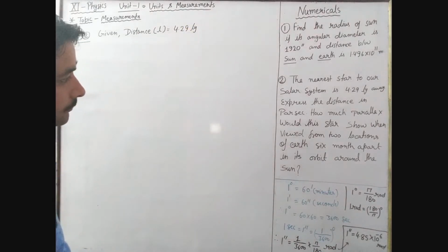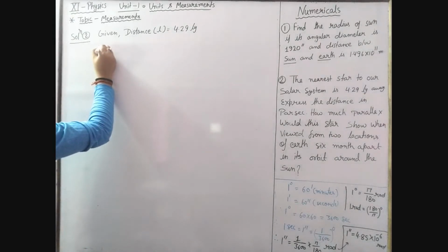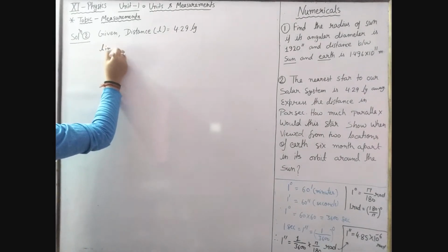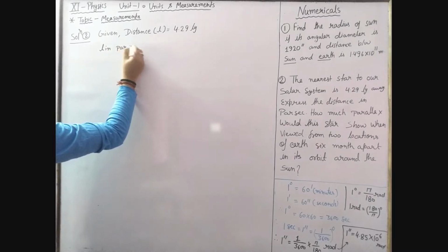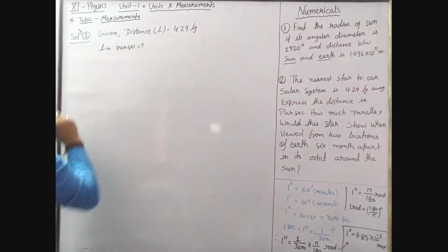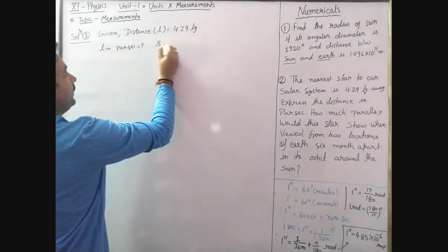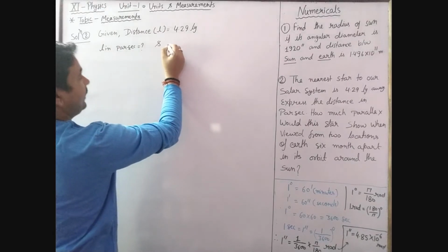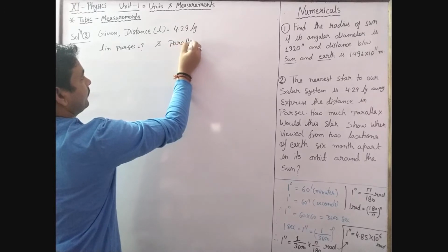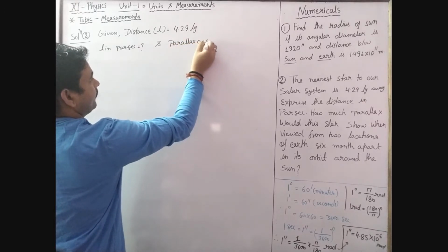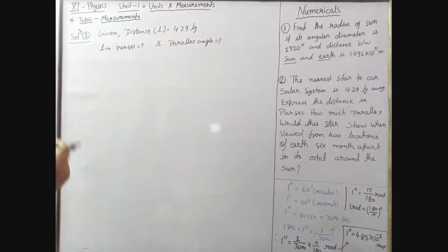Okay, we have to find first L in parsec, and second, the parallax angle. These two things we need to calculate.